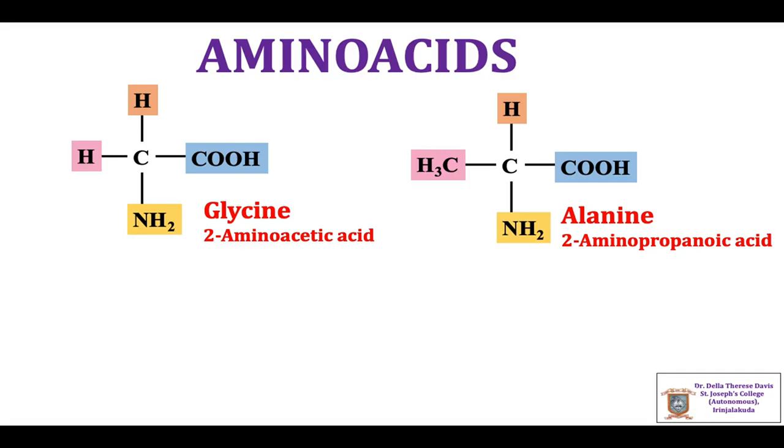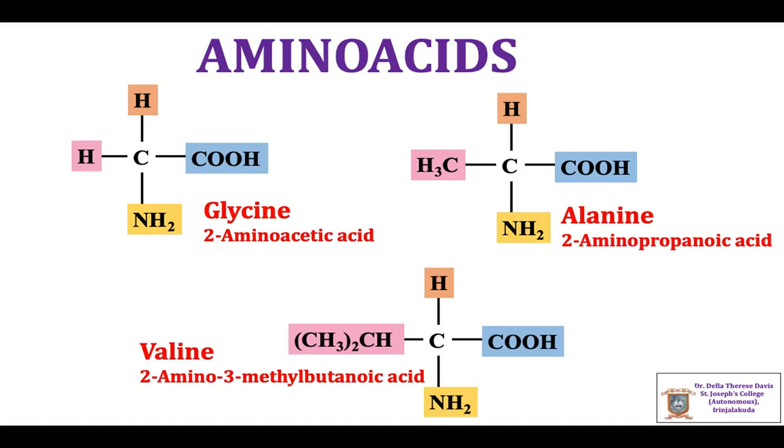Next is alanine, in which the R group is CH3. Alanine is 2-aminopropanoic acid. Another amino acid is valine. It is 2-amino-3-methyl butanoic acid. The R group is (CH3)2CH.